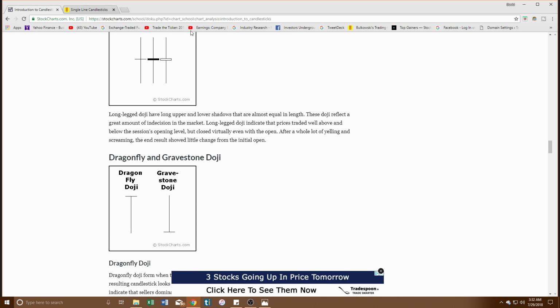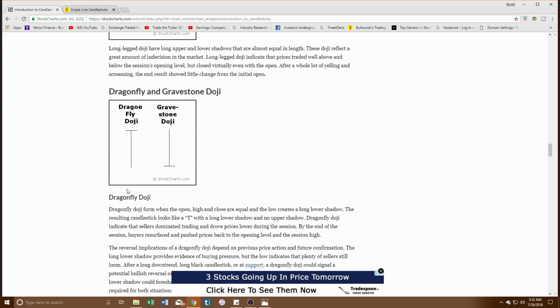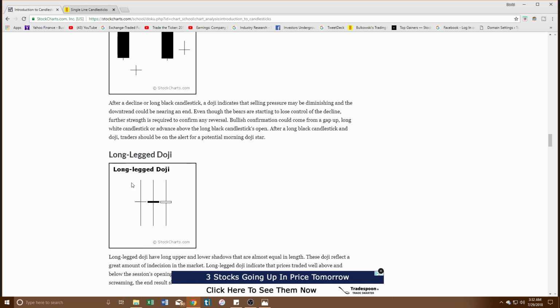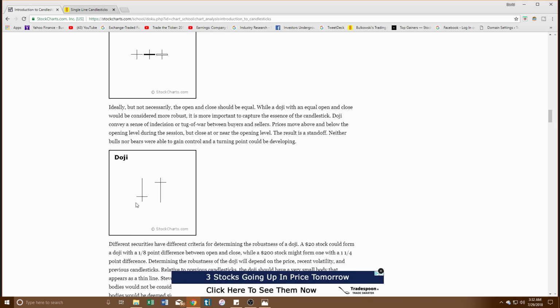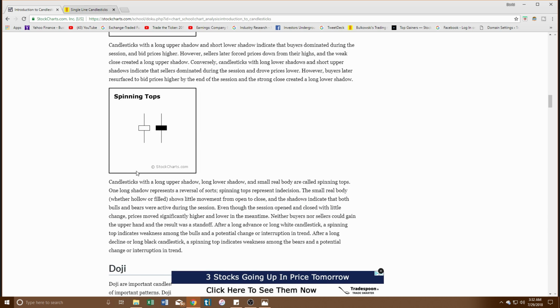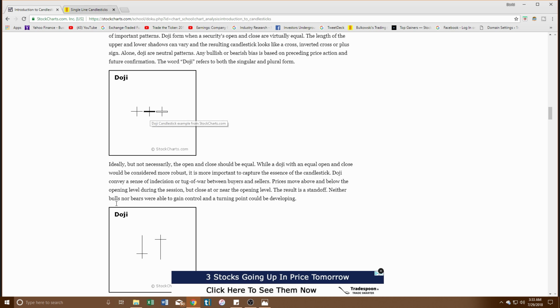So these normally indicate trend reversals. They don't work all the time, but it's indicating to you a reversal may be near. So dragonfly and gravestone dojis, long-legged dojis, you got just dojis and spinning tops. They all have the same meaning, but they just look different.